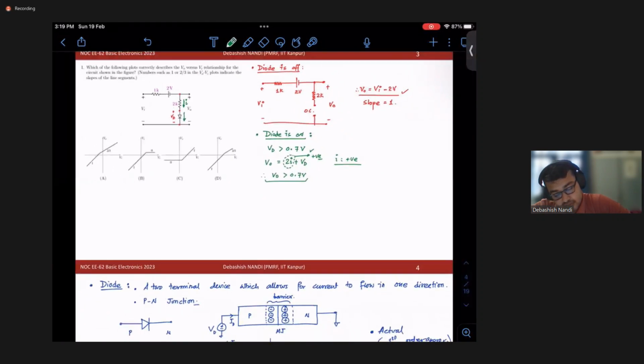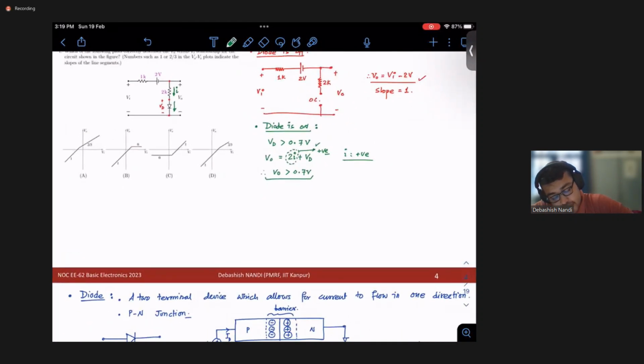So if V naught is greater than 0.7 volt, can we say something about Vi? I think we can, because Vi minus 1I minus 2 volt minus V naught is equal to 0, right? Then Vi minus I minus 2 minus V naught is equal to 0.